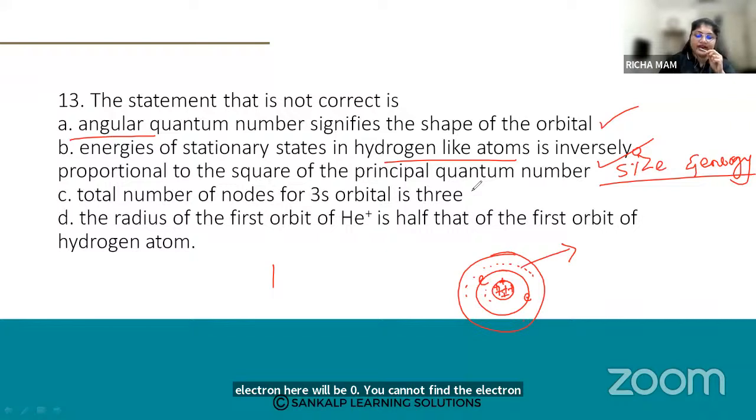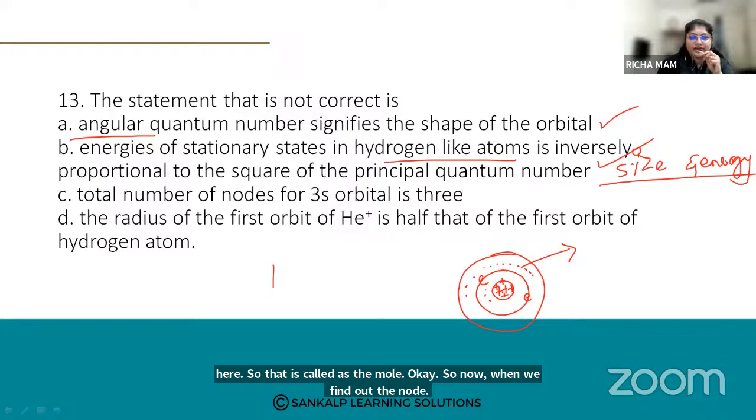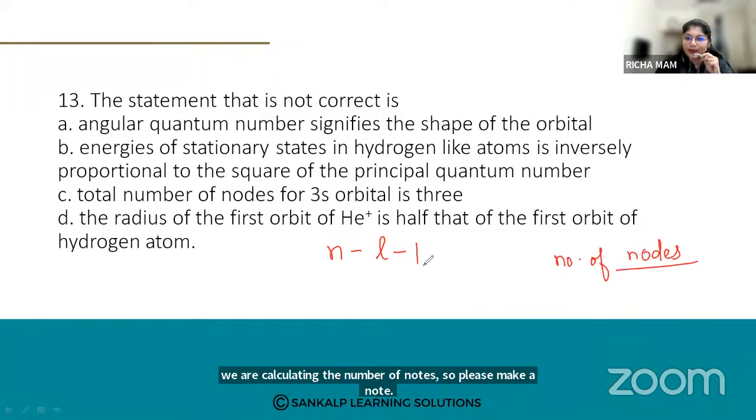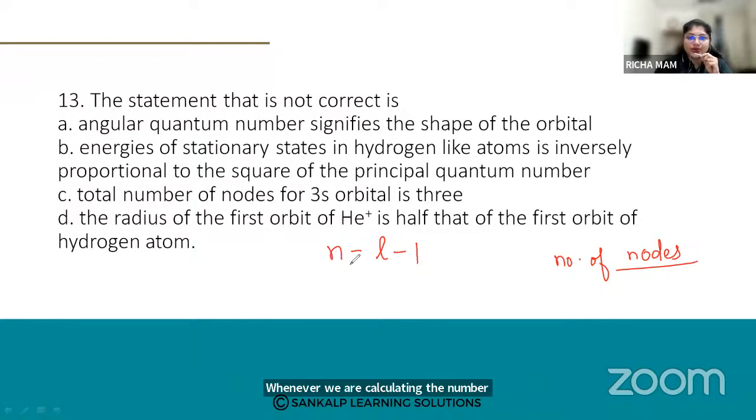So that is called the node. Now when we find out the total number of nodes for any orbital, remember this: whenever we are calculating the number of nodes, please make a note, we are going to use the formula n minus L minus 1.